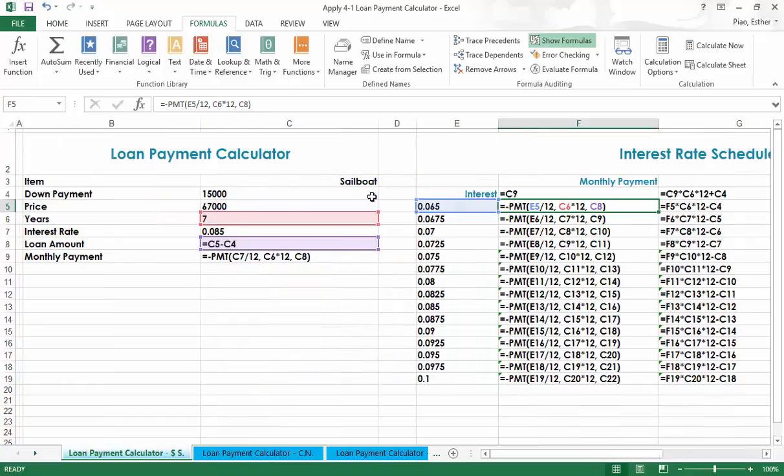This way of referencing we call relative referencing. In the relative referencing scenario, when you drag it, the ranges usually shift. We know that some coordinates need to be shifted. For example, the interest rate needs to be shifted line by line, but there are certain values we just don't want to be shifted.